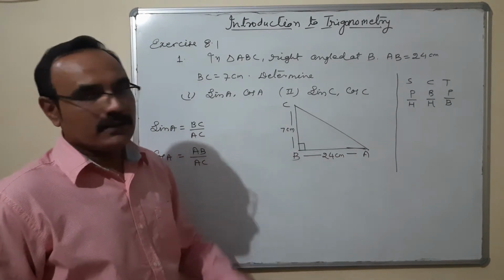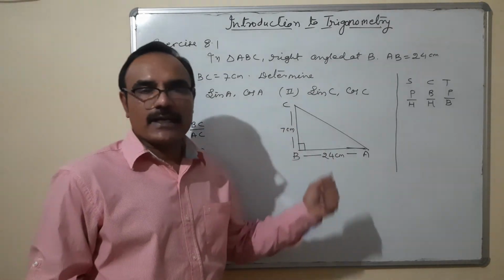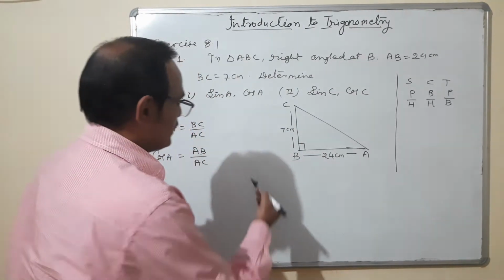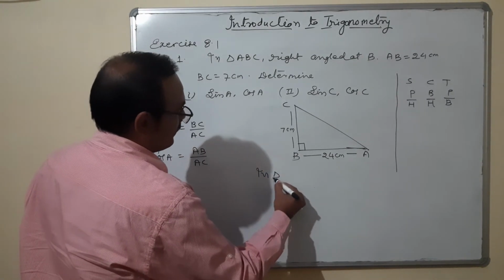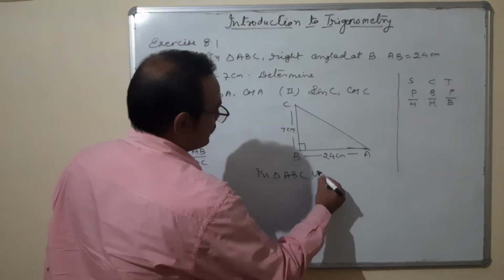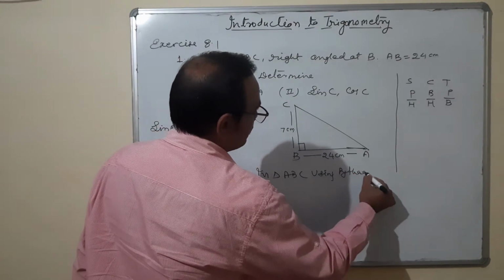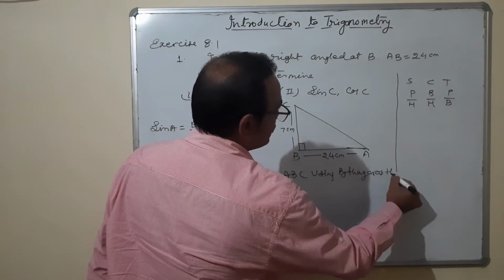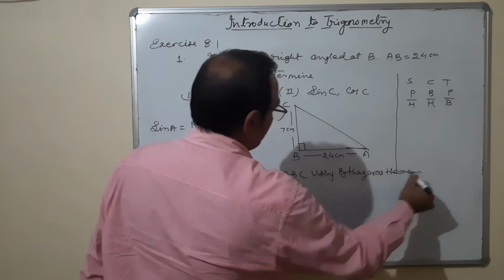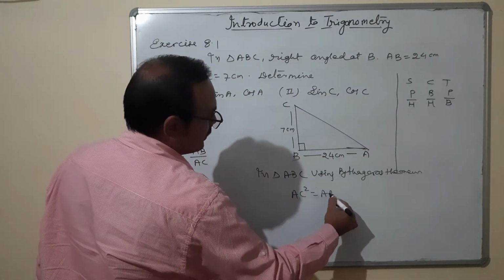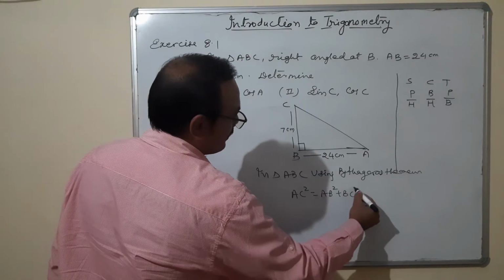What is AC? For finding AC, since this is a right angle triangle, we can use Pythagoras theorem. So in triangle ABC, using Pythagoras theorem, AC square is equal to AB square plus BC square.